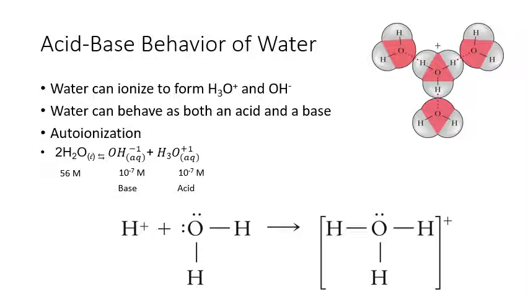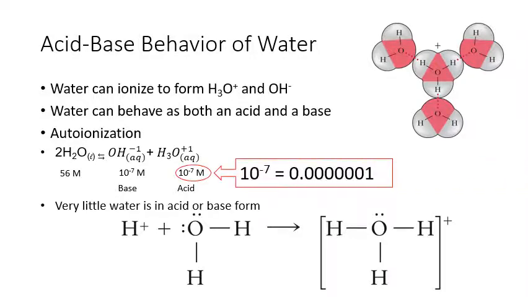But if you were to look at the H2O molecules themselves, you would see a very, very small amount of the H2O are either in the OH form or the H3O form. And it's a very small amount. 10 to the minus 7 is this number right here. Very, very small amount. So a very, very tiny amount of water is as this H3O. But there is a little bit of it there.